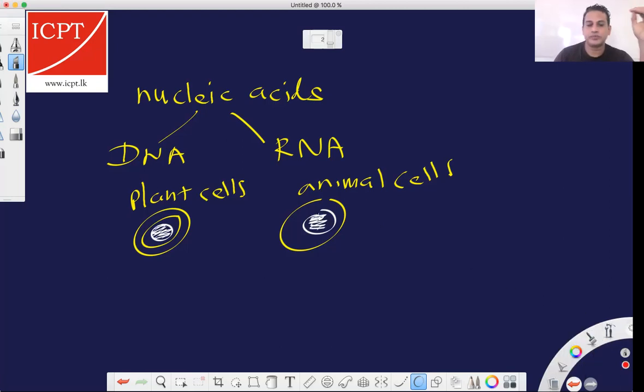And also, we can find RNA. That could be in the cytoplasm, for example messenger RNA, tRNA, or rRNA. Or maybe it could be in the nucleus, because the nucleus produces RNA.